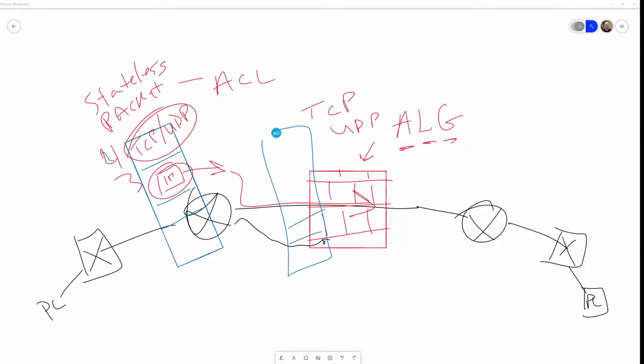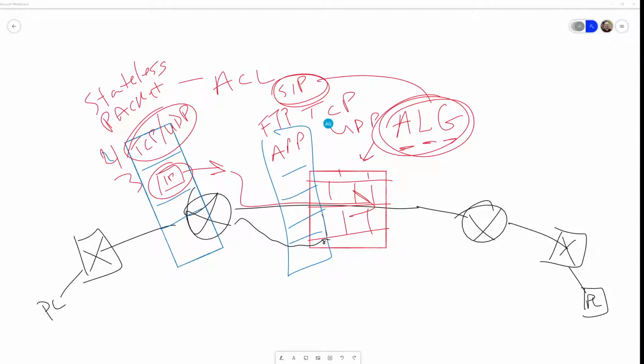Then you go to layer 2, layer 3, layer 4, but you might even go all the way up to the application layer, say for instance FTP or Session Initiation Protocol, a voice over IP signaling protocol. And so the ALG may be application aware of some of the dialogues and transactions that an application goes through, and you may be able to implement security based on application awareness.